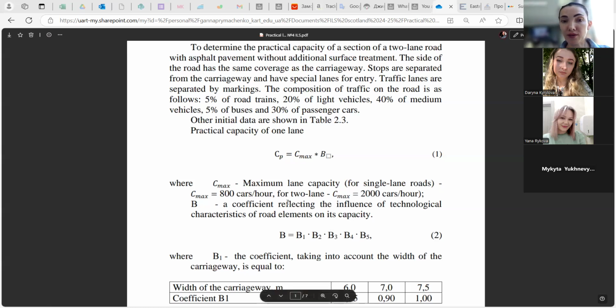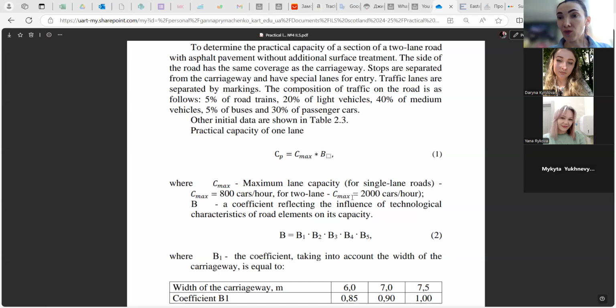So for 2 lanes, we can see that C with index max is equal to 2,000 cars per hour. So for every variant, you can write 2,000 cars per hour.